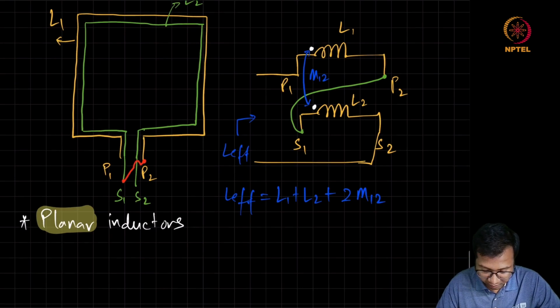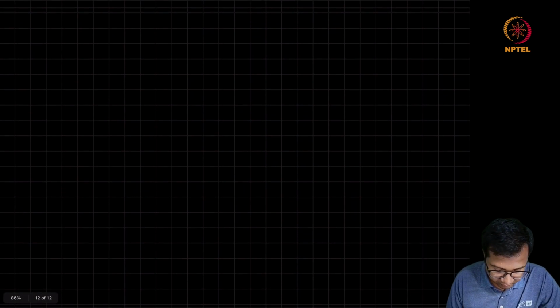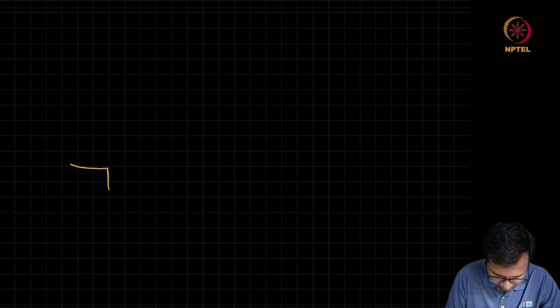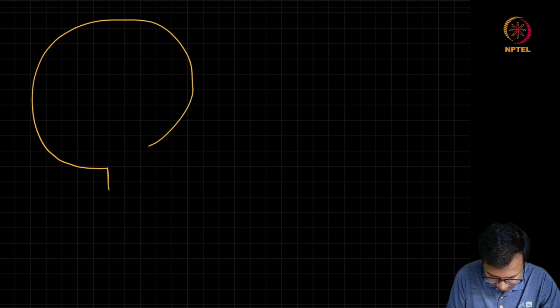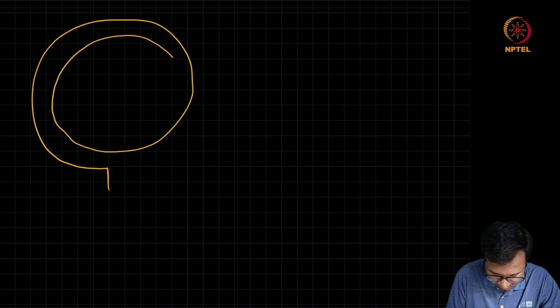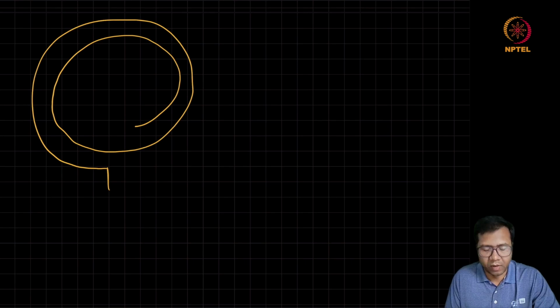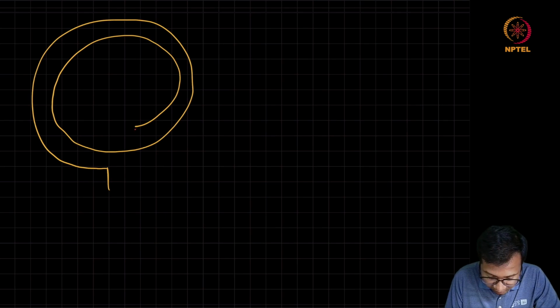These planar inductors can have different variations. For example, you can have a planar inductor which is wound in a spiral manner, and once you create this kind of structure, this inner terminal has to be brought out, and this is done at a different metal layer.